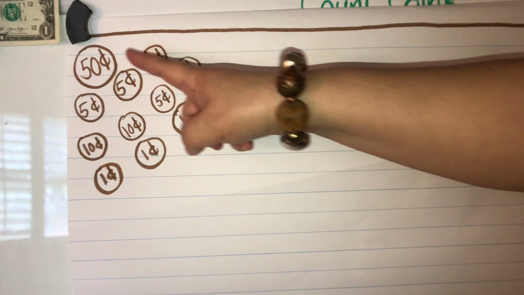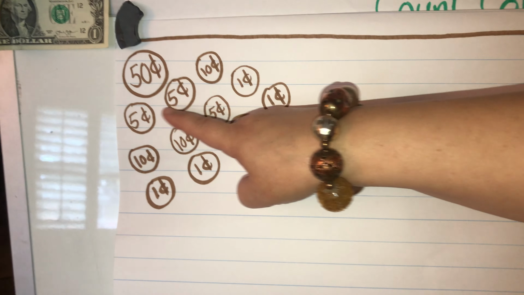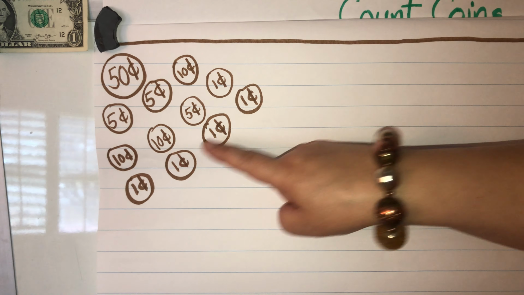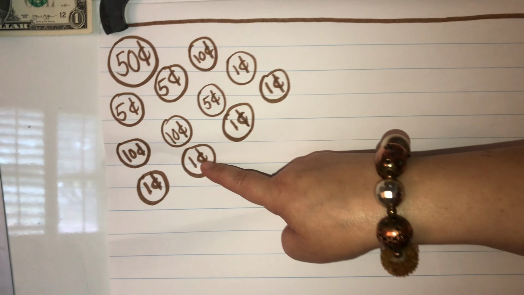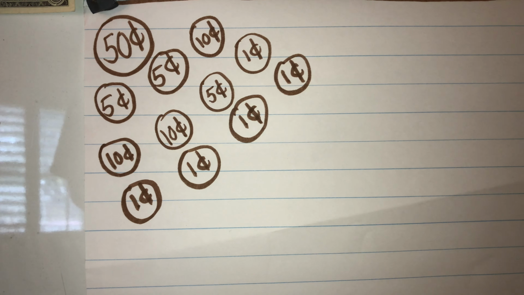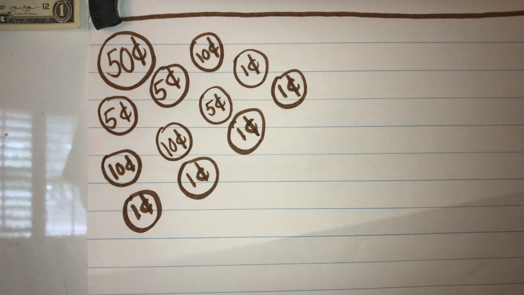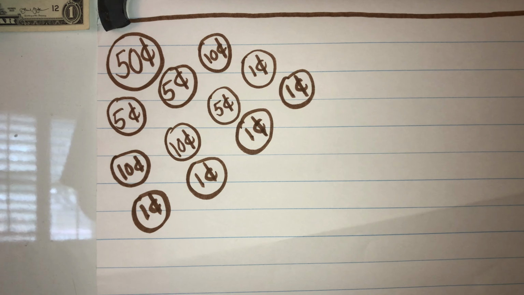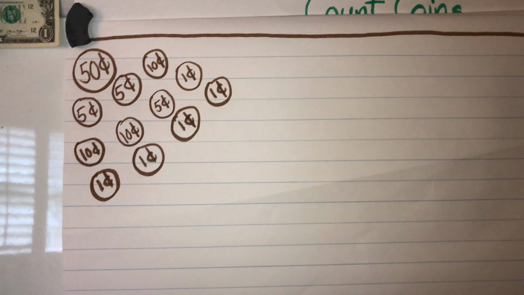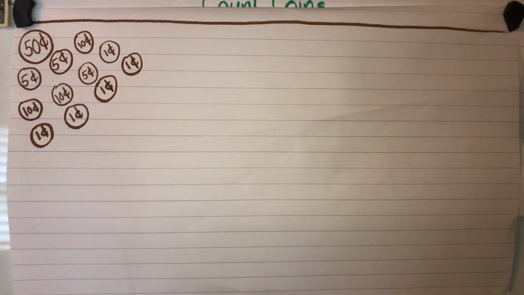I have 1, 2, 3, 4, 5, 6, 7, 8, 9, 10, 11, 12. 12 coins. Now I'm going to put these in order. We'll work through this part together. But then just like yesterday's lesson, you will be responsible to find the total.